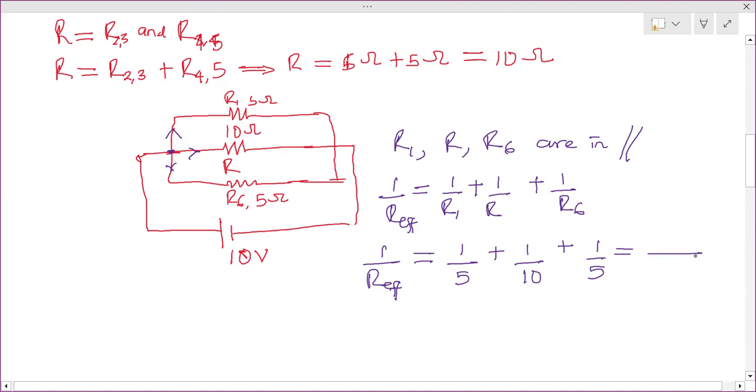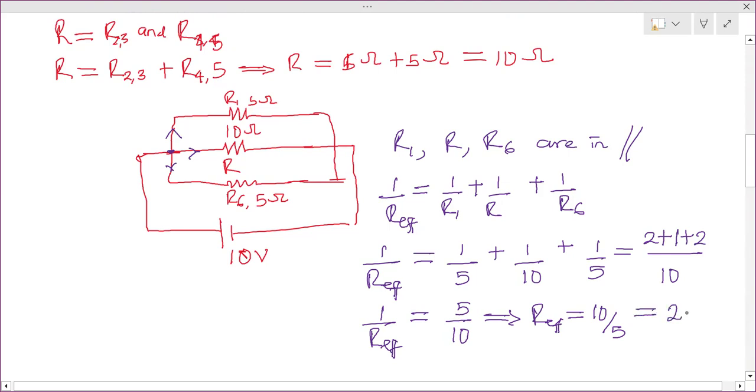What is the LCM? 10. 5 in 10, 2 times; 2 times 1 gives 2. Plus 10 in 10, 1; 1 times 1 gives 1. Plus 5 in 10, 2; 2 times 1 gives 2. So 1 over R effective equals 5 over 10. Taking the reciprocal, R effective is 10 over 5, which gives 2 ohms.